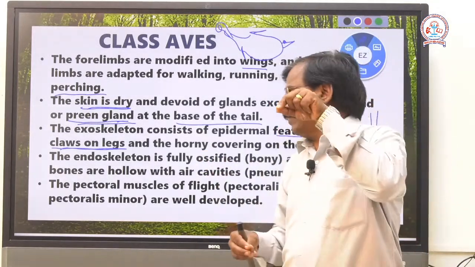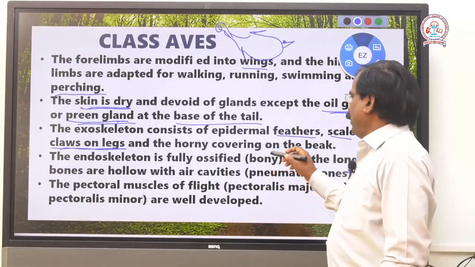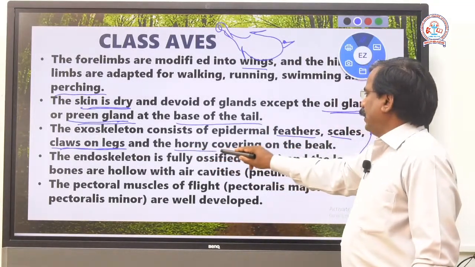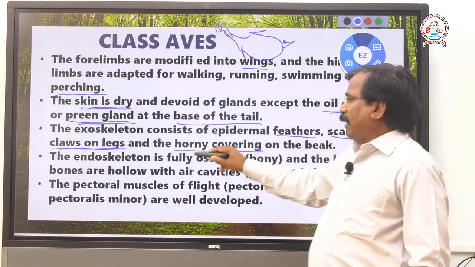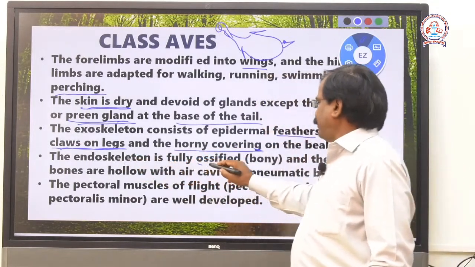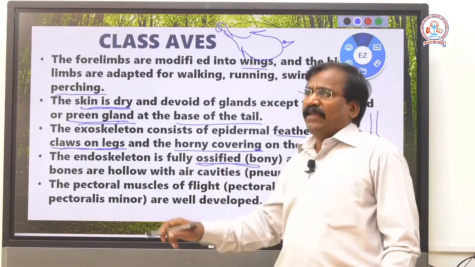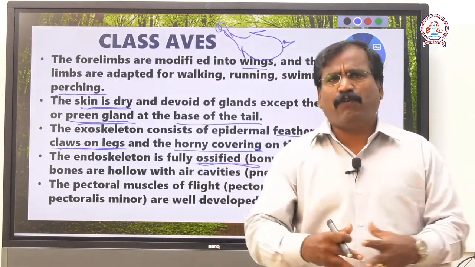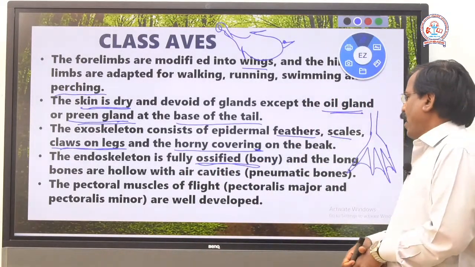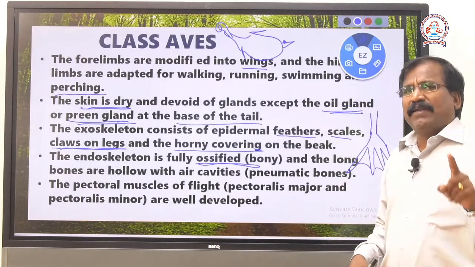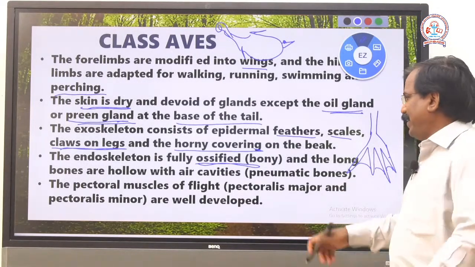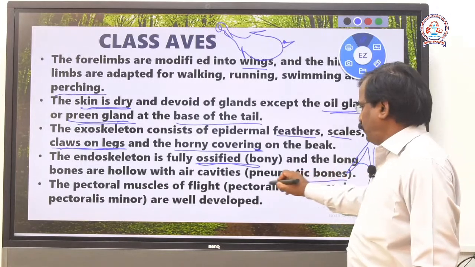That gives rigidity, hard. A horny covering. And the endoskeleton is fully ossified, that is, the bone is hard. A very important distinguishing feature is the pneumatic bones.